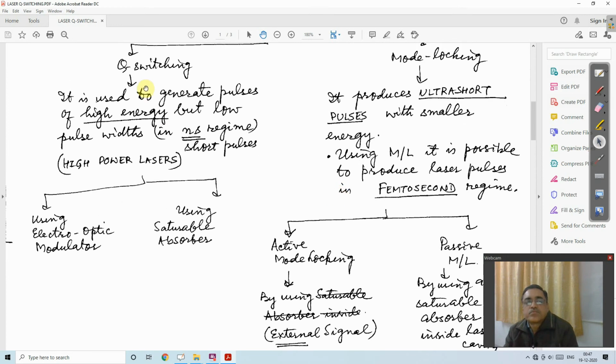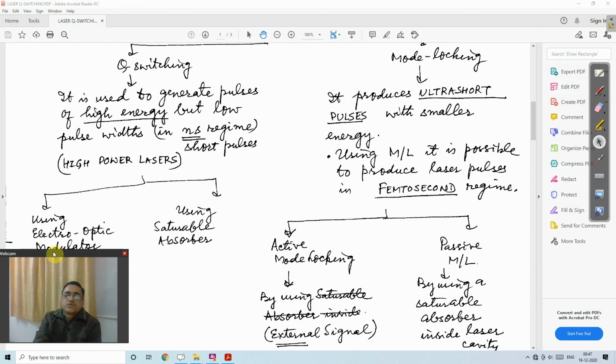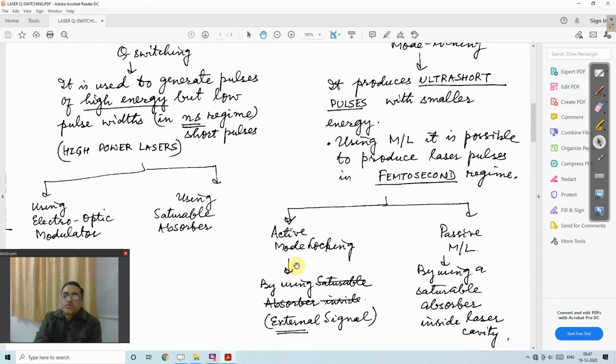Q switching can be obtained using electro-optic modulators, or another way is to use a saturable absorber. As far as mode locking is concerned, there are two ways: active mode locking and passive mode locking.